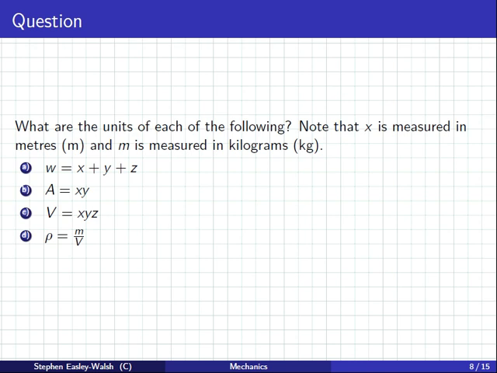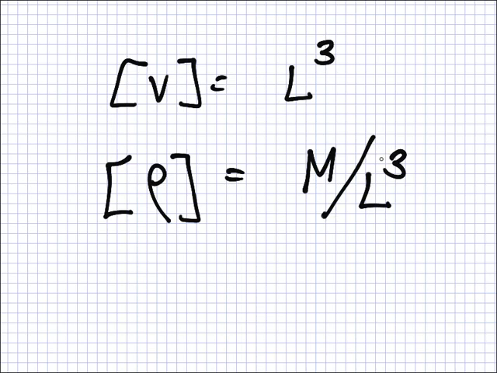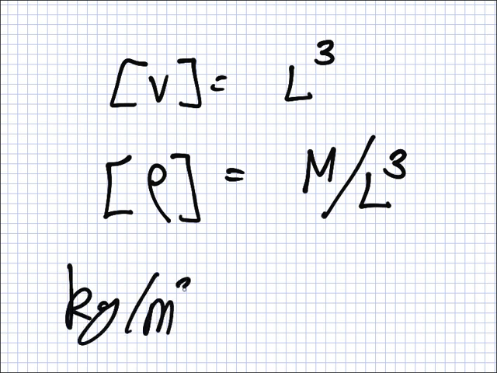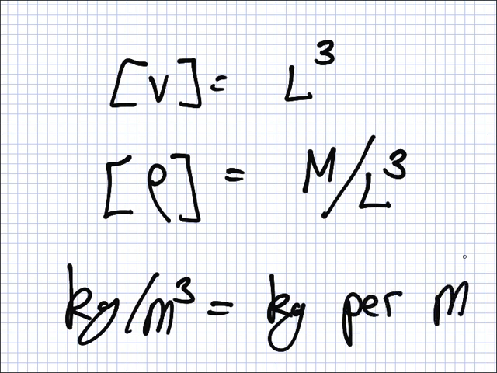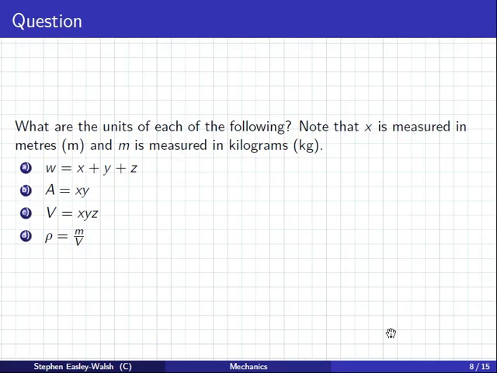And the fourth one? Say it again slowly. Kilograms. Yeah, we actually say it differently when it's over. How do you say this one? Yeah, kilograms per meter cubed. Yeah, is that okay? Alright, next.